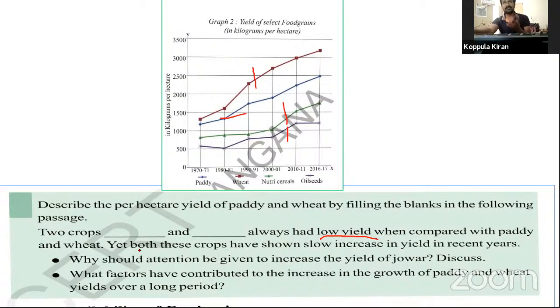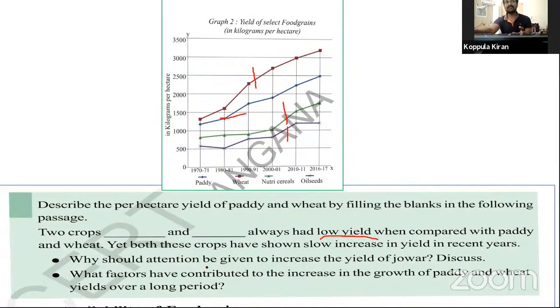So this is a big concern for us. We have to solve the problem, that is scarcity of food. In this case, we have to produce more and more. We have to increase our food grains. Yet both these crops have shown slow increase in yield in recent years. In recent years also, very low production is produced. See this, there are two questions you can discuss. Why should attention be given to increase the yield of jowar?